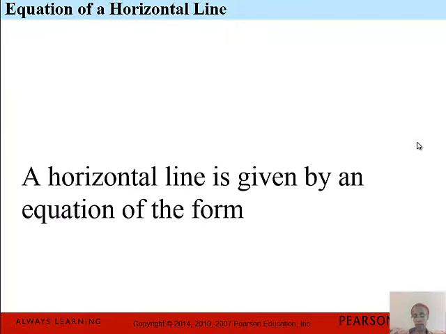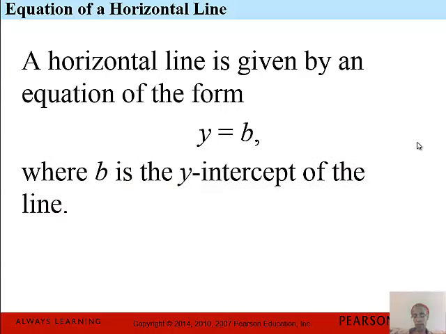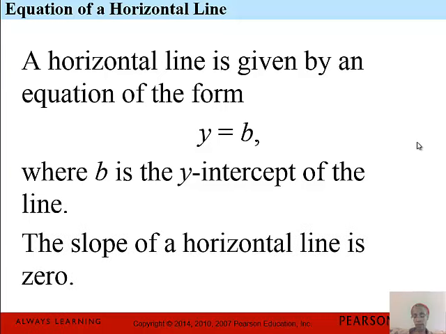The equation of a horizontal line is in the form y = b, where b is the y-intercept of the line. The slope of a horizontal line is 0. So y = mx + b becomes y = 0 times x + b, which becomes y = 0 + b, which is simply y = b.